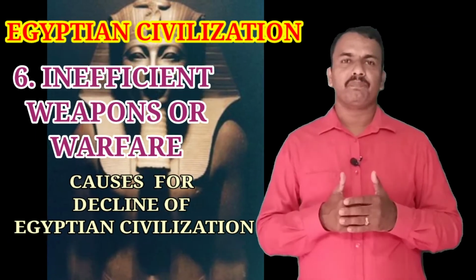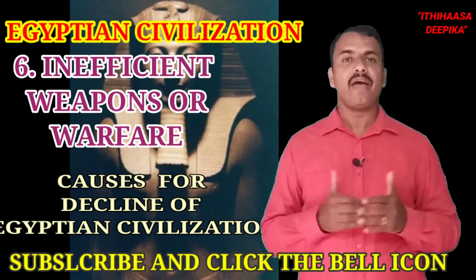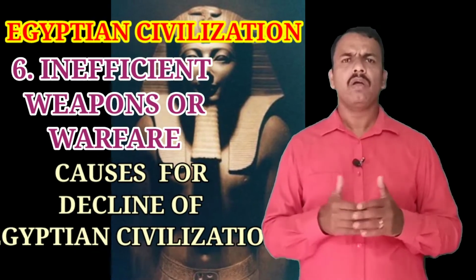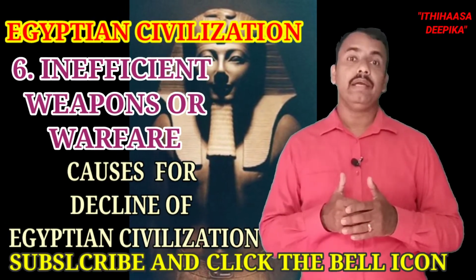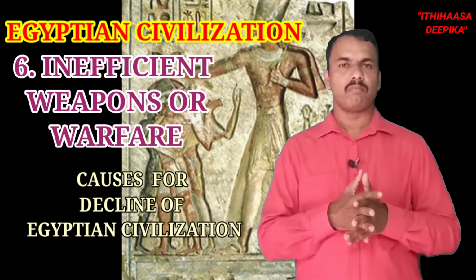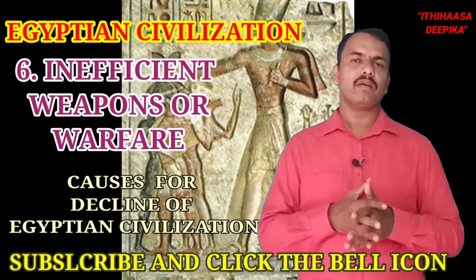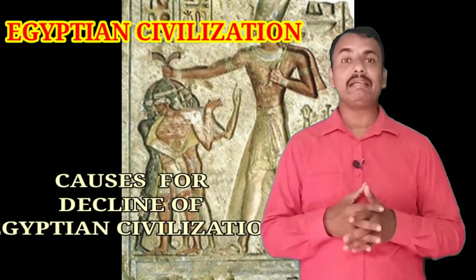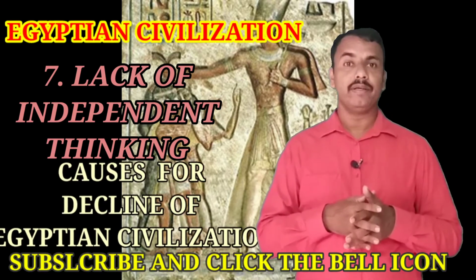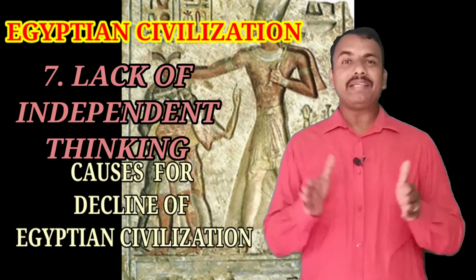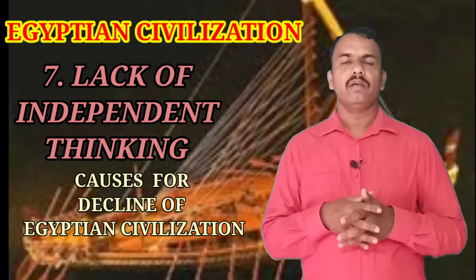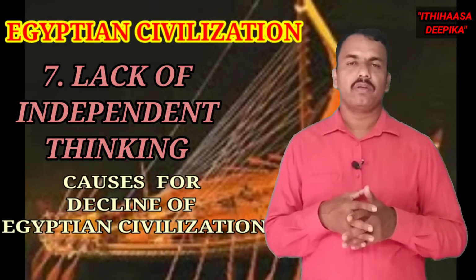Compared with the enemy's warfare, the Egyptian warfare system was inferior. The inferiority of the Egyptian warfare system is also one of the important causes for the decline of Egyptian civilization.